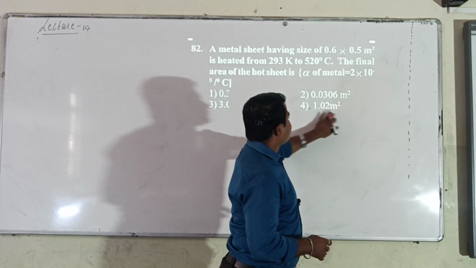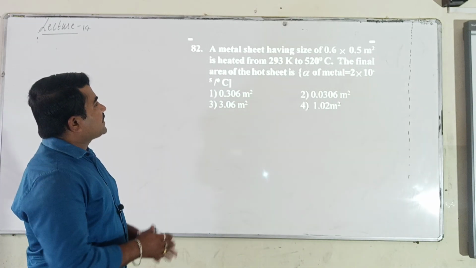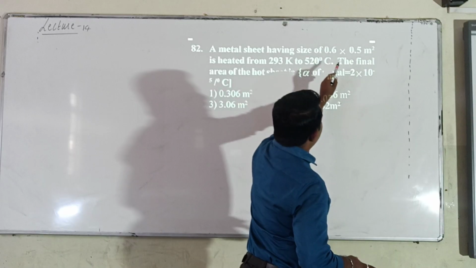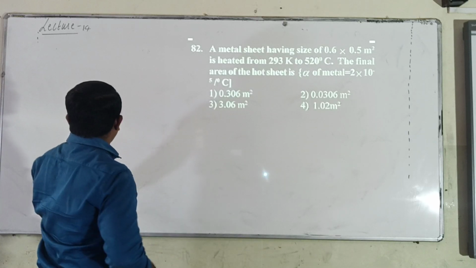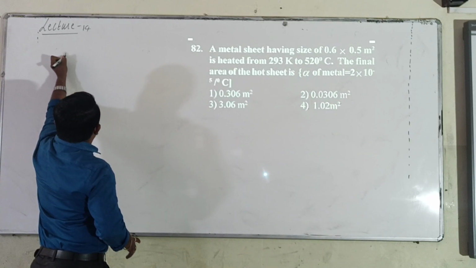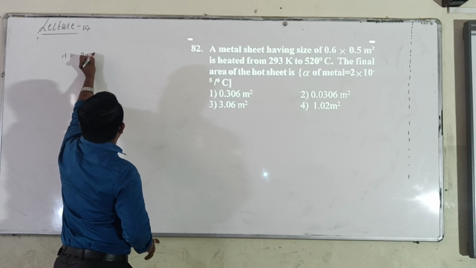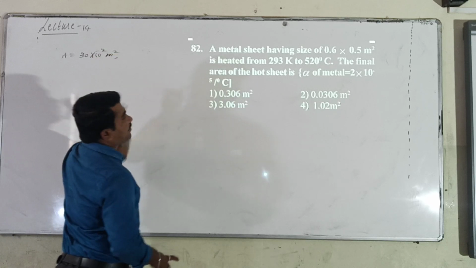What is given? Area 0.6 into 0.5, that is 30 into 10 raised to minus 2 meter square.